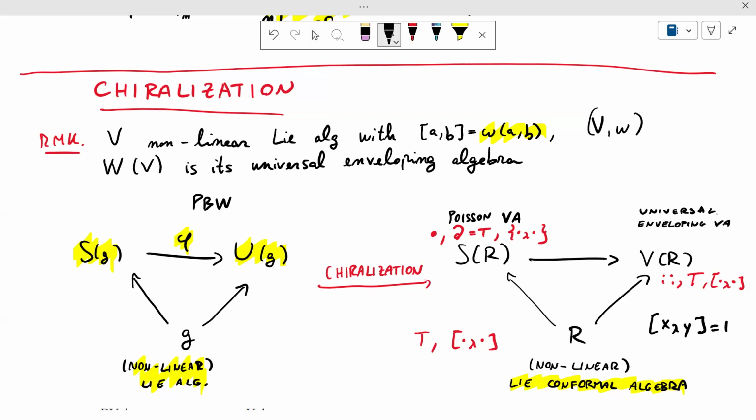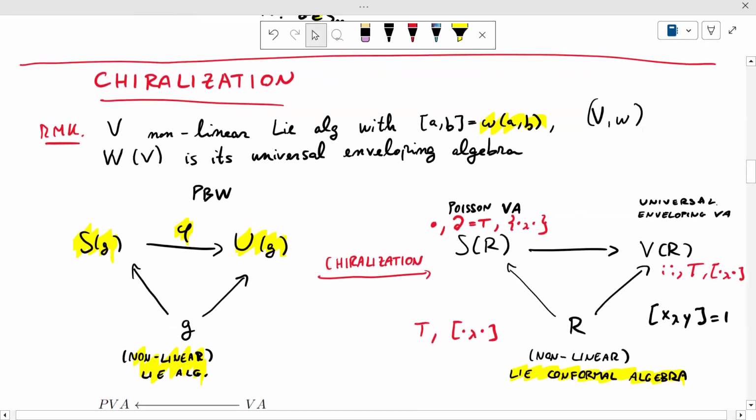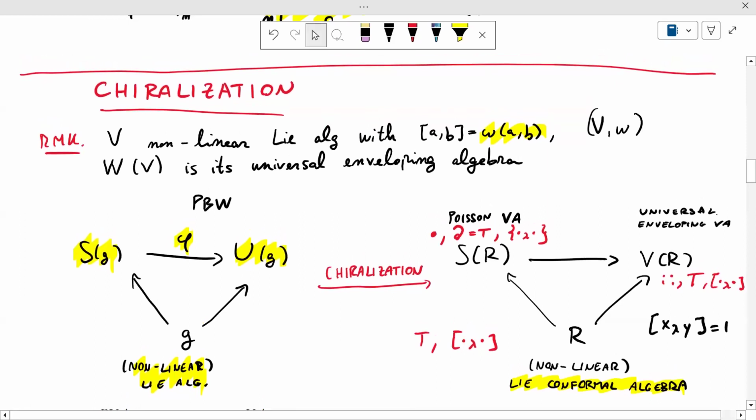Again, this is technically not a Lie conformal algebra, but we can put it in the same framework. Otherwise, one can think of a non-linear Lie conformal algebra as a quotient of a Lie conformal algebra by putting a central element equal to a constant. Thank you for the question. Okay, so this is the framework that we will move to.